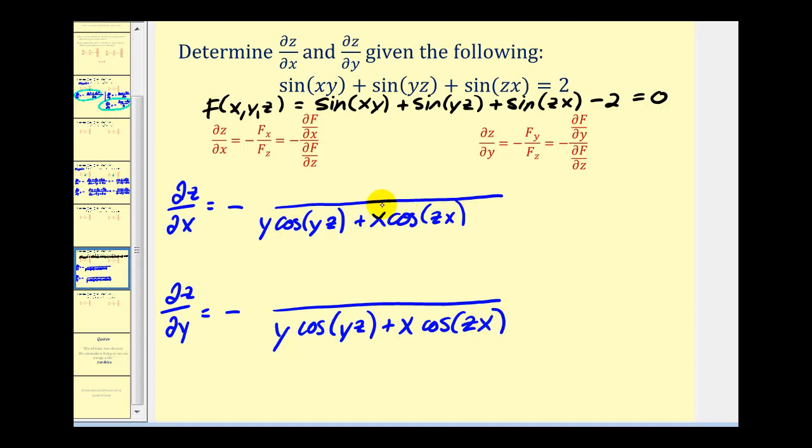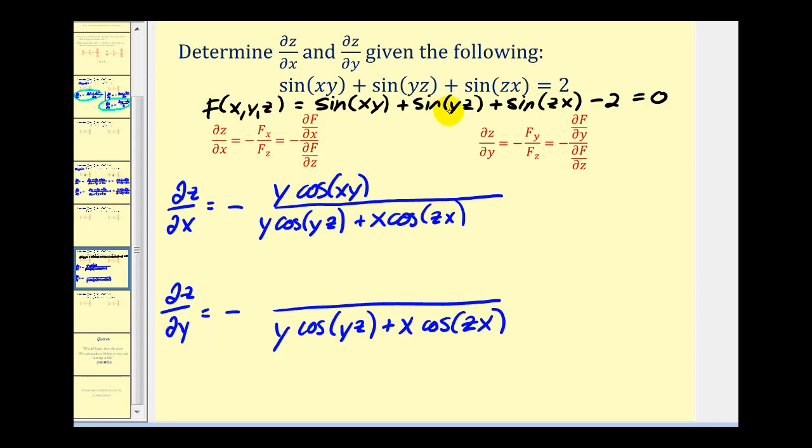Now we have two more partial derivatives to determine. Going back up to the partial of z with respect to x, our numerator is going to be the partial of f with respect to x. So the derivative of sine xy is going to be cosine xy times the derivative of xy with respect to x. That's going to give us y. So times y, I'll put it in the front.